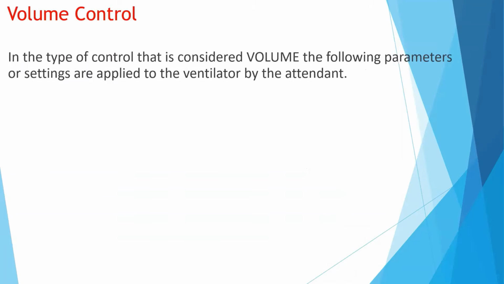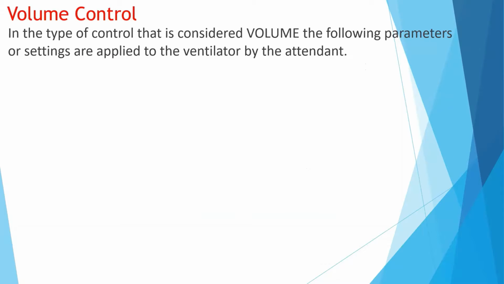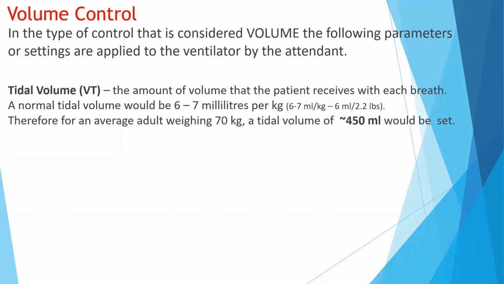Volume control. In the type of control that is considered volume, the following parameters or settings are applied to the ventilator by the attendant. A tidal volume will be set. A tidal volume is the amount of volume that the patient receives with each breath.